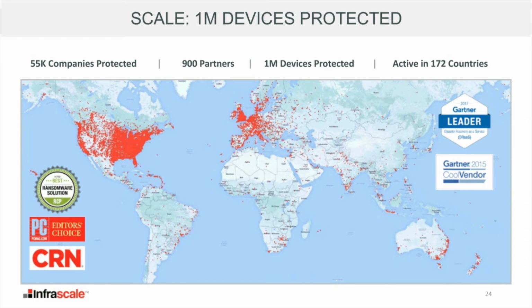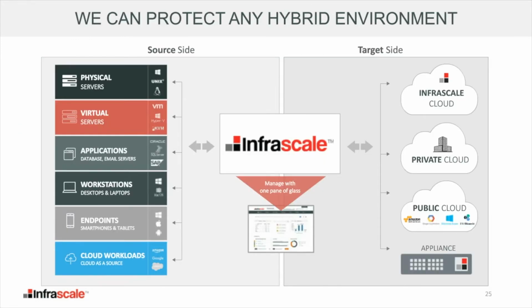Now, when I say that we offer fully comprehensive and complete data protection, here's what I mean by that. We can protect any type of hybrid environment. So on the left, we're taking a look at the source side, right? Protecting physical and virtual servers, applications, workstations, and endpoints, not to mention cloud workloads with Infrascale Cloud Application Backup.